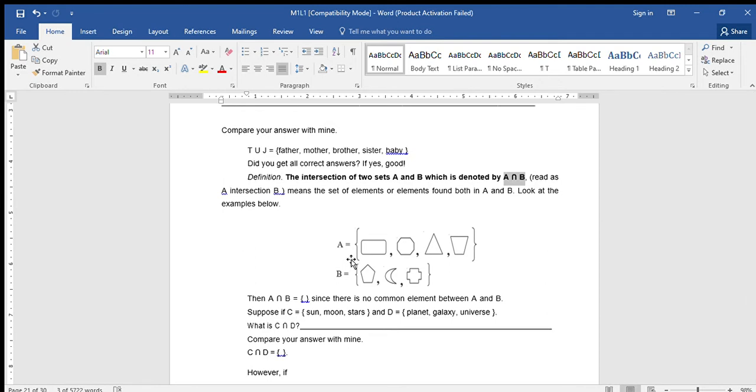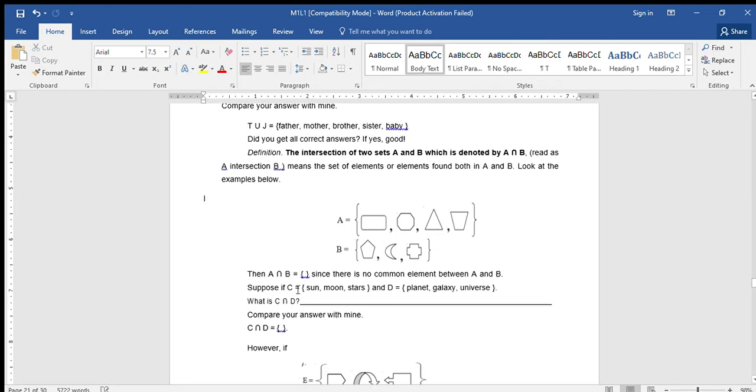Lahi ra tong union. Ang union, kapihon tanan. Ang intersection, pangitaon nimo ang parihas nila nga elements sa set A o B. Nabay parihas? Walay parihas. So, unsa may ato isuyat? That is null set. Kini ang ato isuyat or empty set. Since there is no common element between A and B, wala tay pareha na element sa A ug sa B.